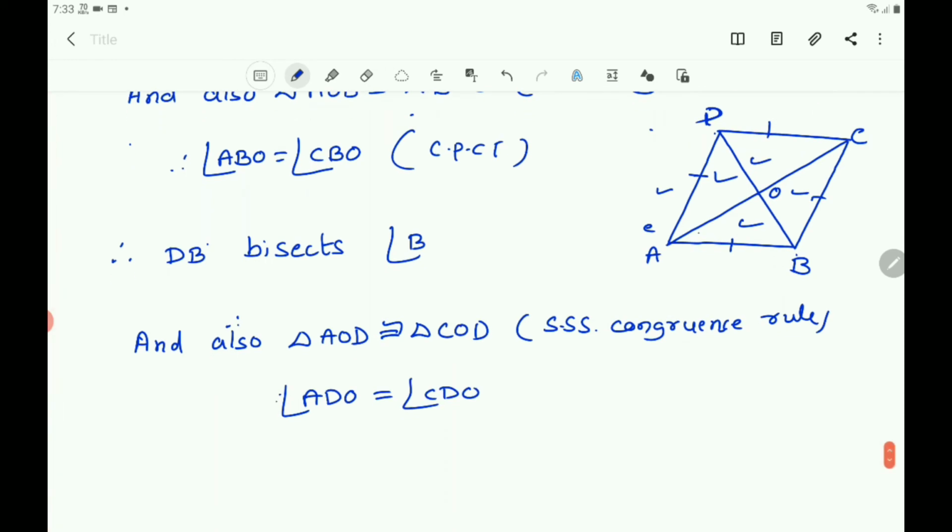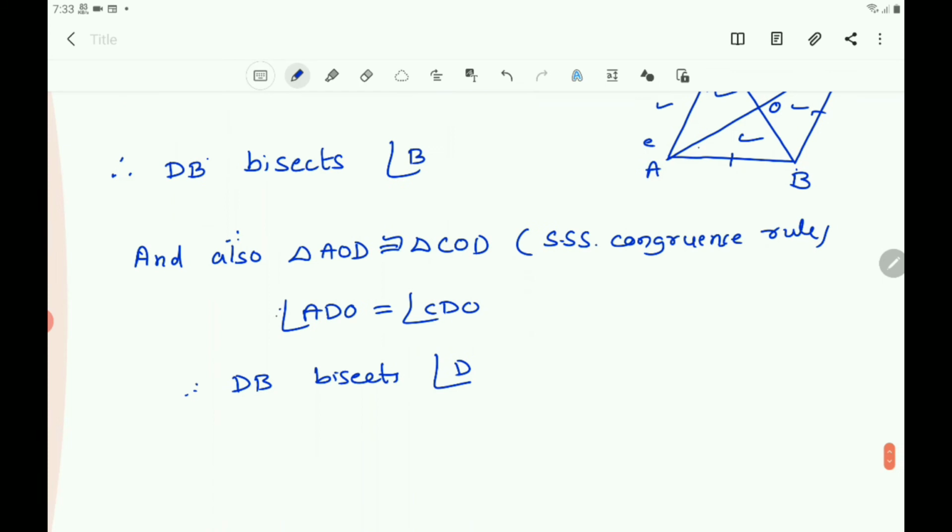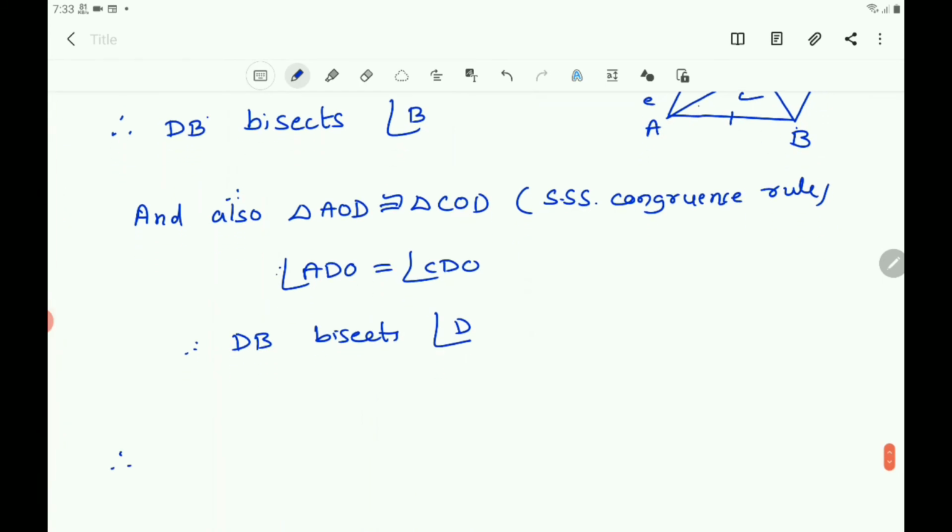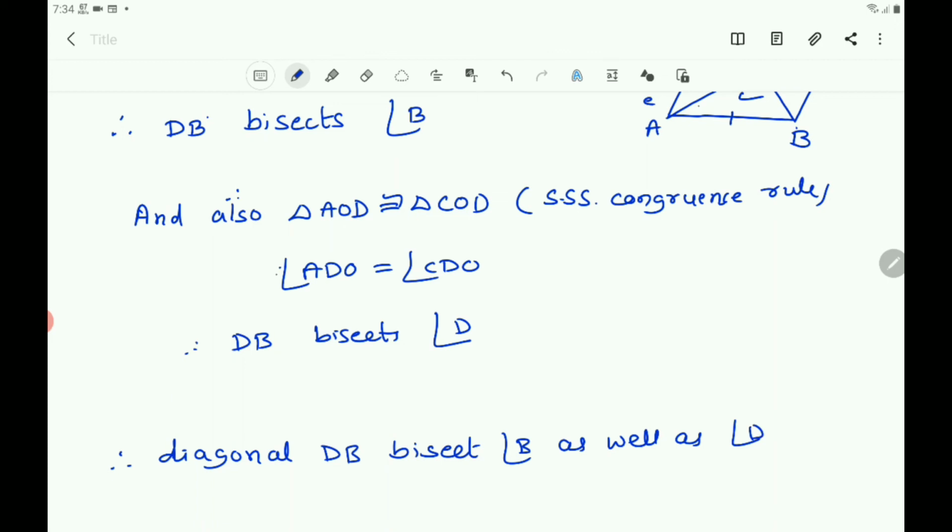Therefore, diagonal DB bisects angle D. Therefore, you can say that diagonal DB bisects angle B as well as angle D.